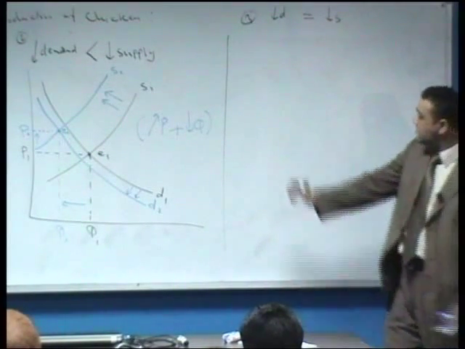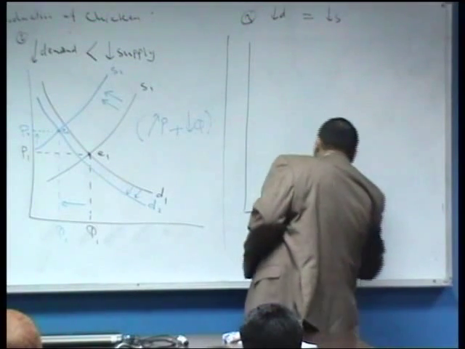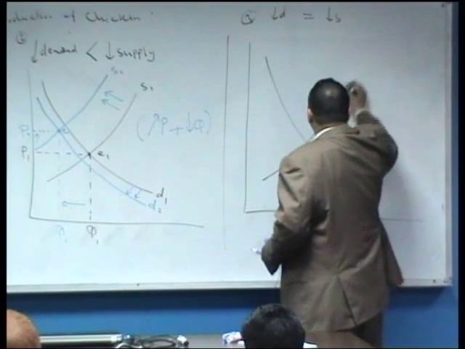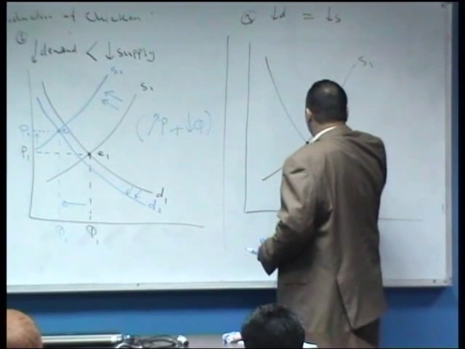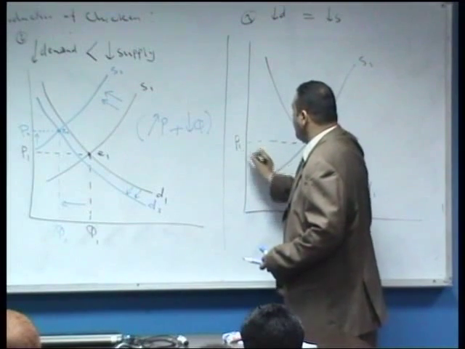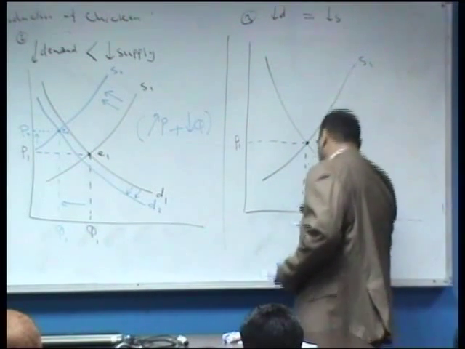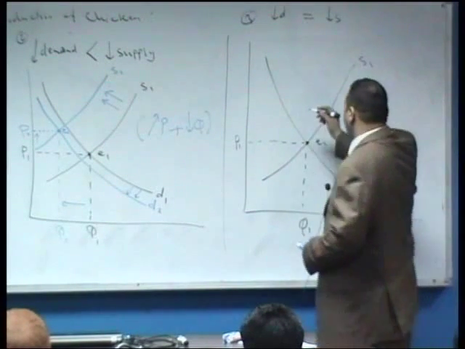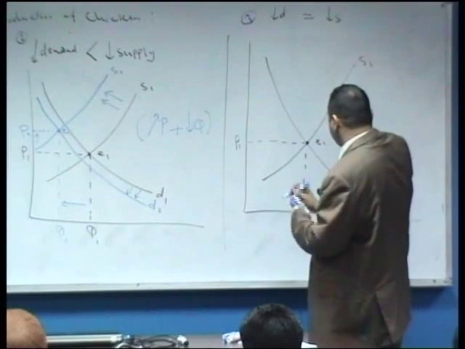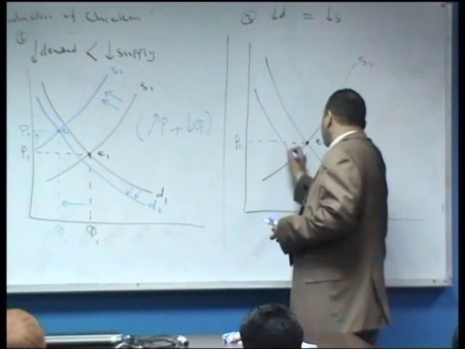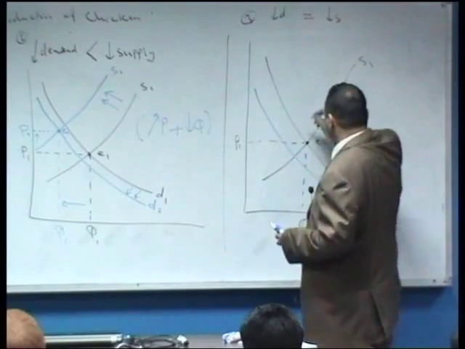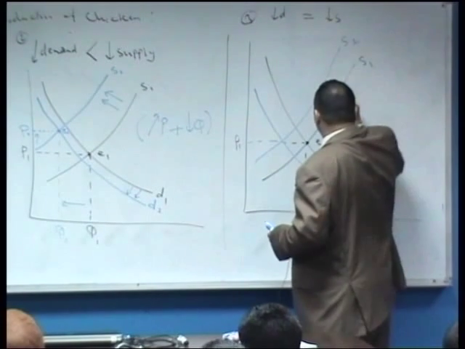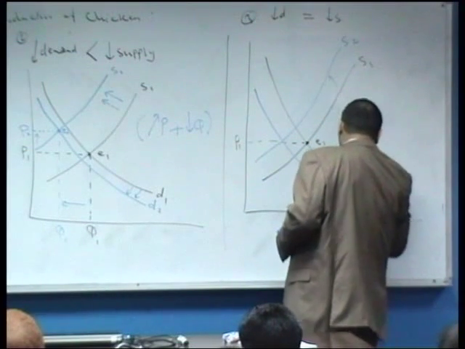In this case, this is D1, S1, E1, P1, Q1. When the reduction in demand equals the reduction in supply, there is a leftward shifting of demand curve equals the reduction in supply, S2, D2.